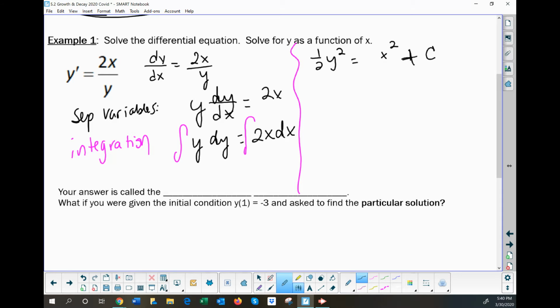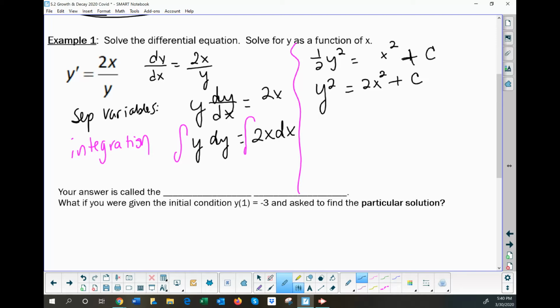Now we want to keep solving. I want to solve for y, so I'm going to multiply both sides by 2 to get rid of the 1/2. So now I've got y squared equals 2x squared plus 2c, but 2 times a constant is still just some constant, so I have a constant. I could call it c sub 1 for a different constant, but not necessary.